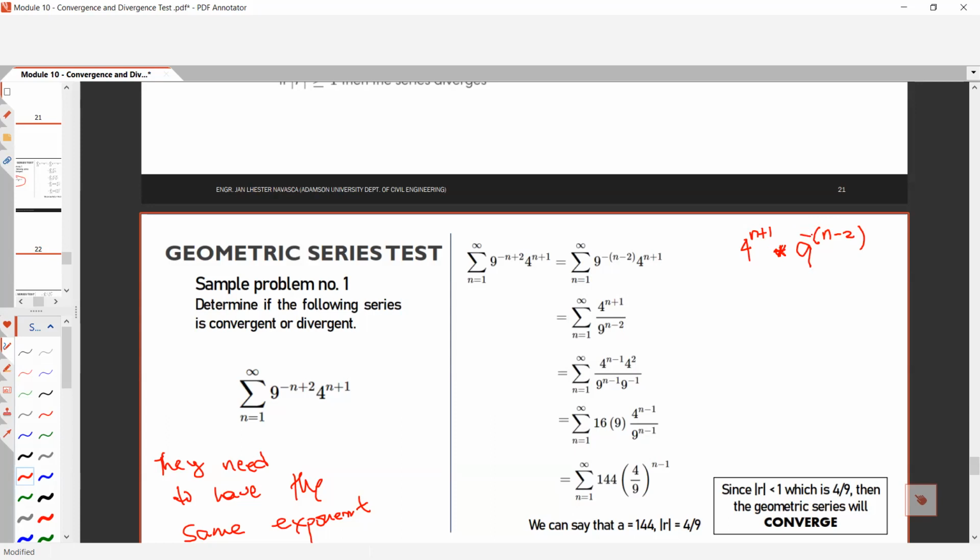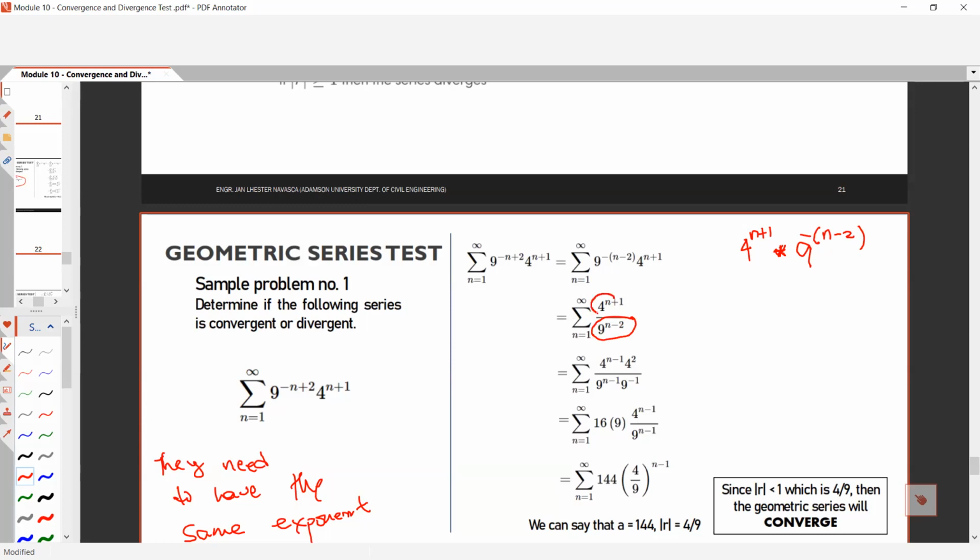A number raised to a negative exponent will be 1 over that number, so we put it in the denominator. Therefore, that is 4 raised to n plus 1 over 9 raised to n minus 2.